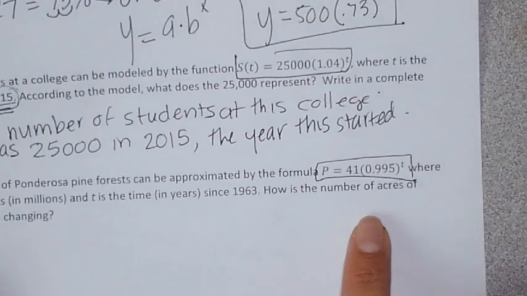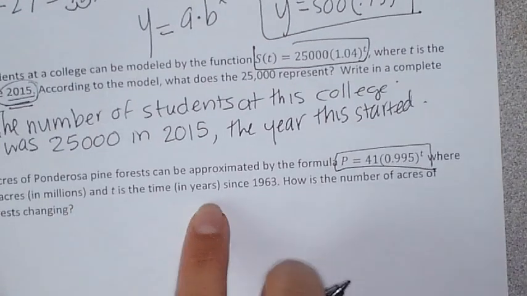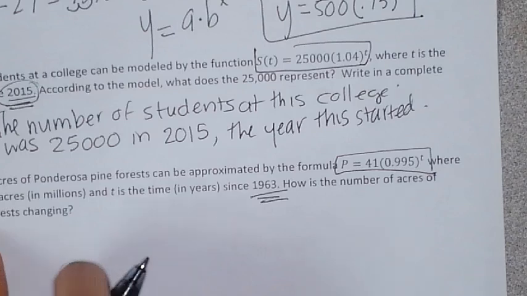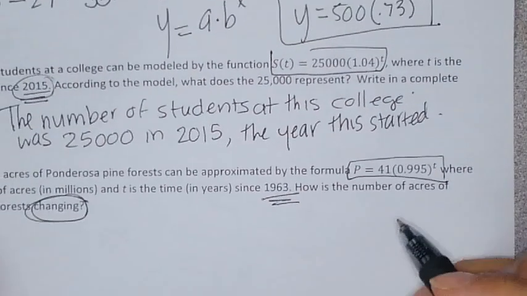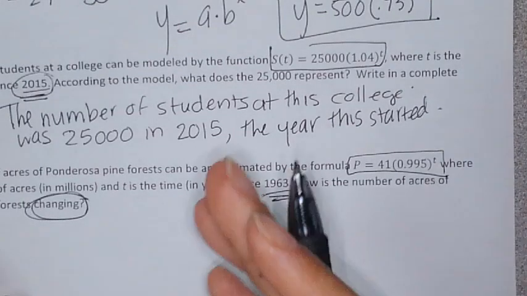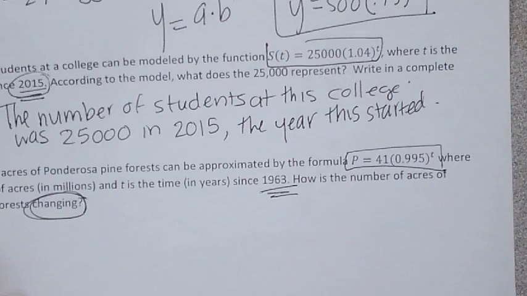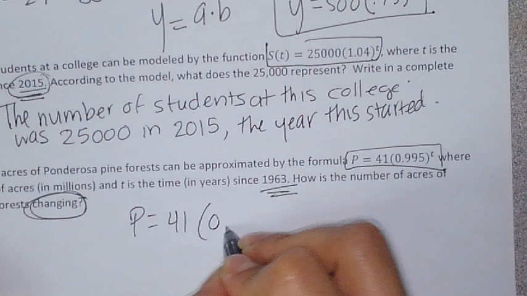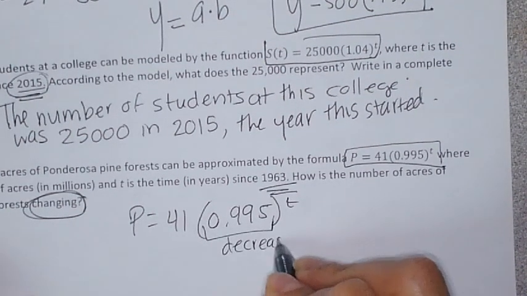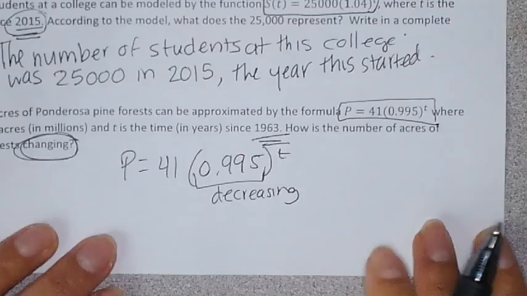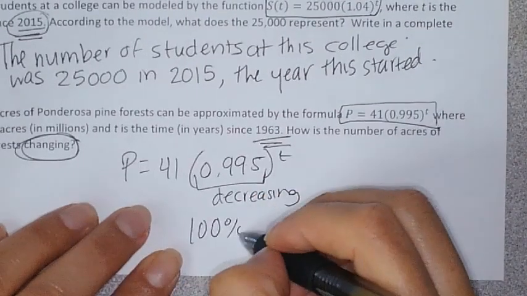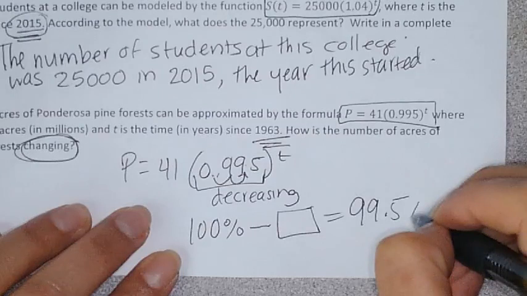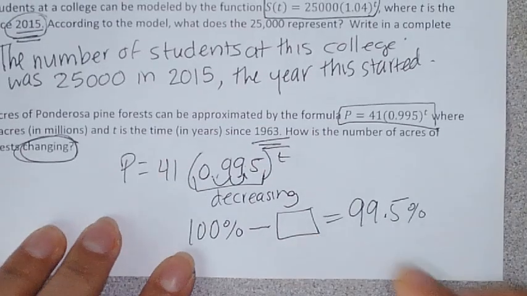So here's the equation. t is time in years since 1963. How is the number of acres of forests changing? So they want the rate of change, but not as in a linear function, but the rate in percent of when it's increasing or decreasing. So here, I see this, I know that it is decreasing. To find this, I took 100% minus a percent, 99.5%. So I know that it decreased.